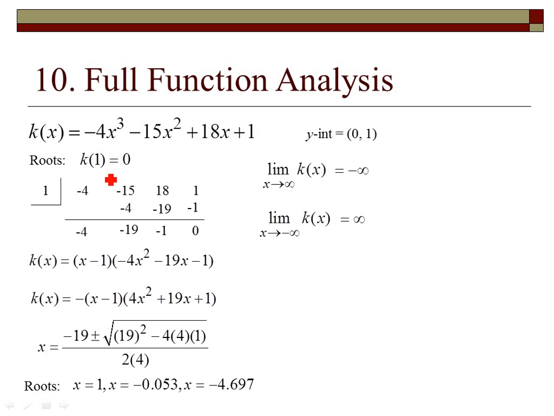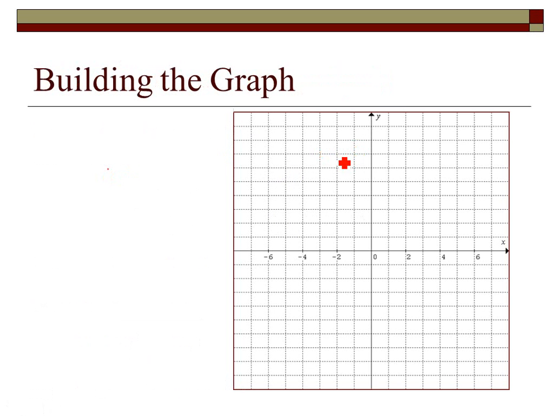Okay, so that does our analysis of the original function. Now I'm going to put some of the pictures onto the graph just to see where things are. So right now we have an unscaled y-axis. I did bother to put a scale onto the x-axis because I know those values will be okay, but I'm not sure how to scale the y-axis at this point. So we have our roots: x equals 1, negative 0.053, and negative 4.697.